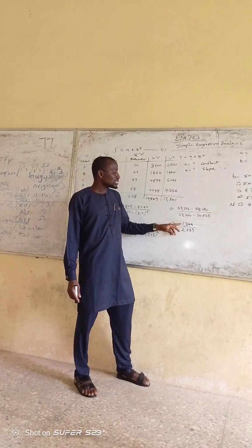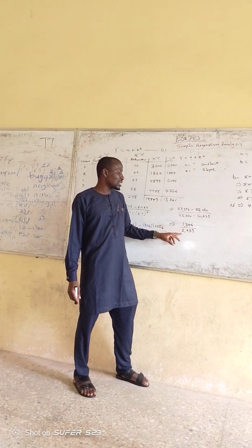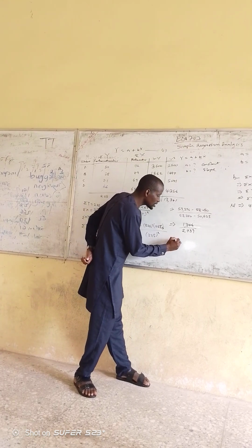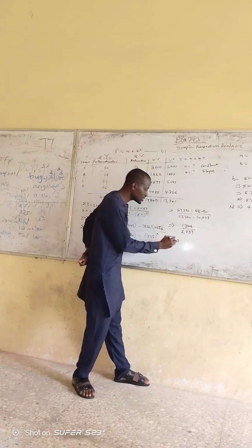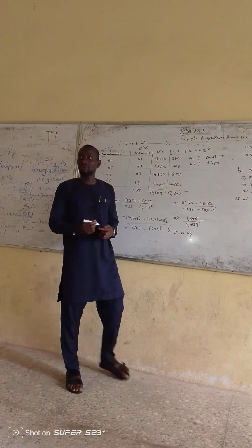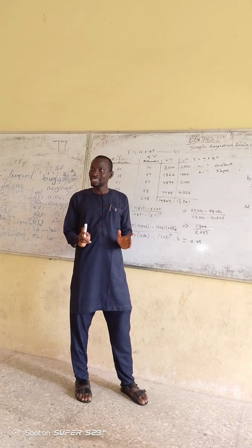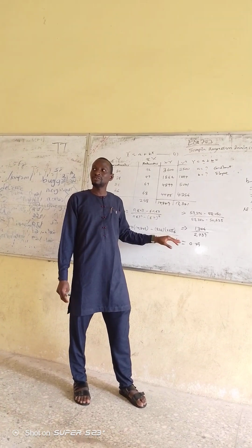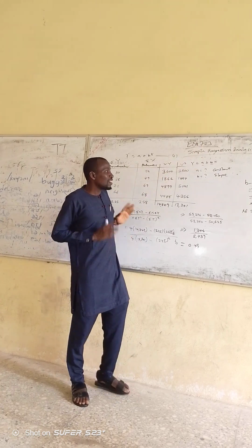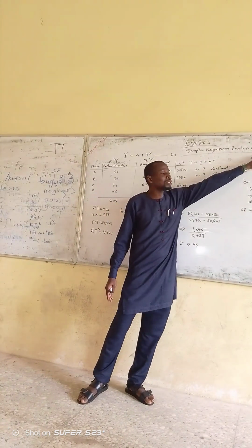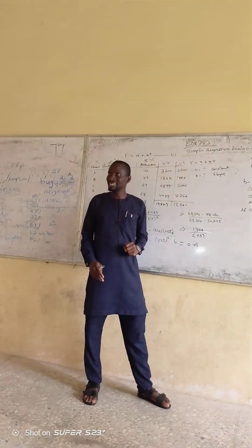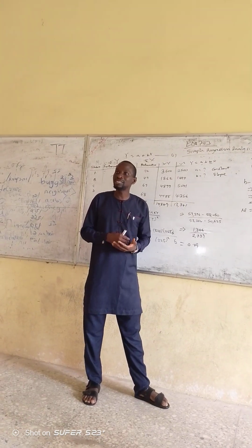So 1,346 divided by 2,739 will give us 0.49. So that means our b is 0.49. For us to now say our b is 0.49, easily we will get our a. Why? We have already taken our time to find summation y and summation x.